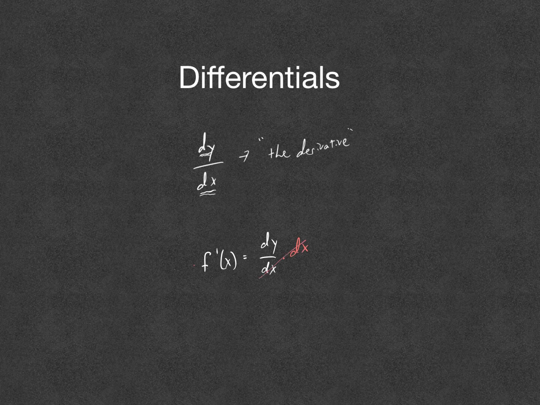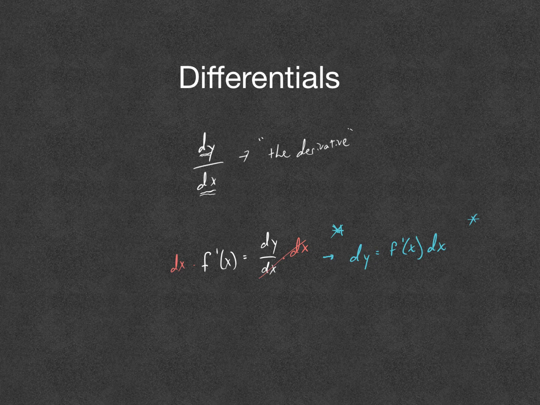And so I'm going to write this as dy is equal to f prime of x times dx. And this right here is the key formula for differentials, okay?